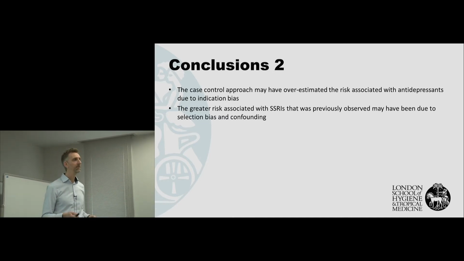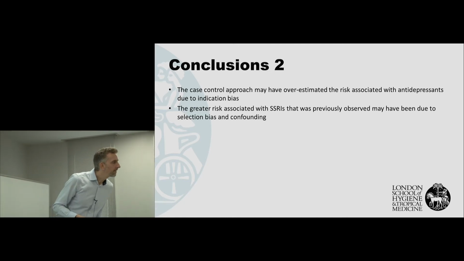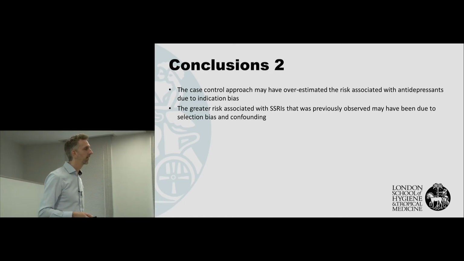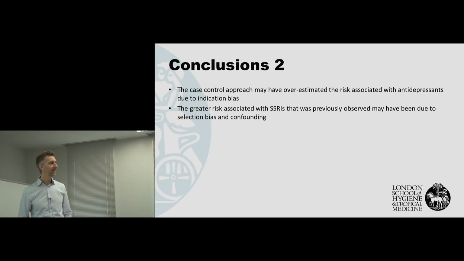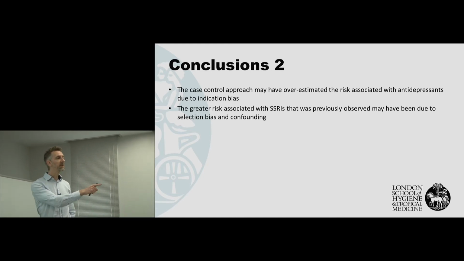Yeah, okay. So it's not necessarily a question, it's just a random thought. Maybe depression is, in a way, a protective factor against hip fracture, because people who are depressed are less likely to be active. No, but this is a really good point.